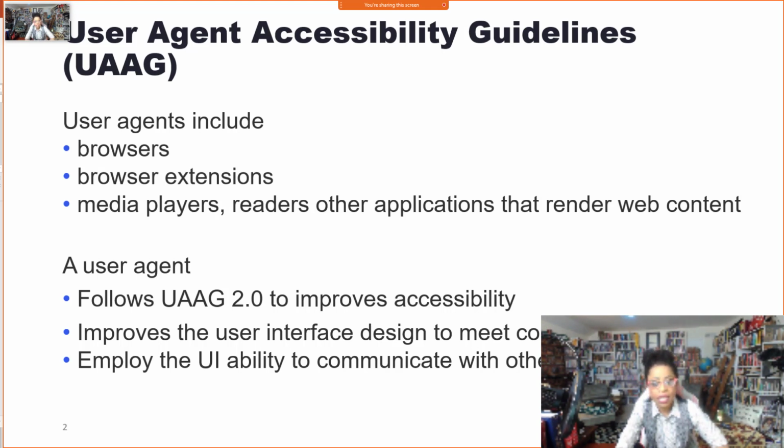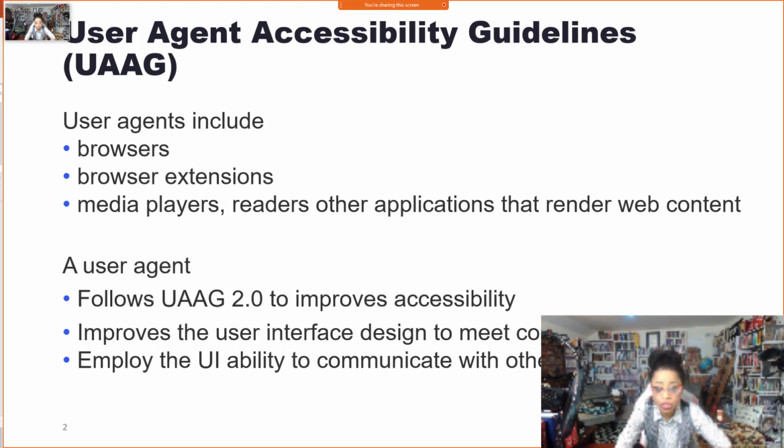These are the guidelines that user agents follow to improve accessibility through its own user interface and its ability to communicate with other technologies, including assistive technology, which is software that some people who are differently able may need to meet their necessary requirements.